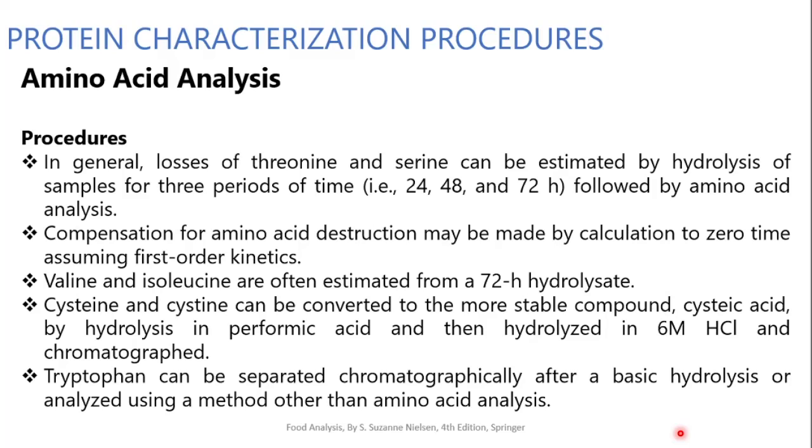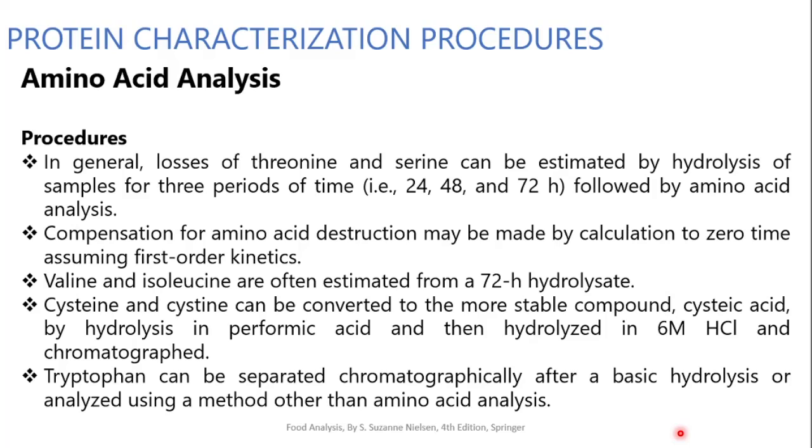So from that hydrolysis study, some amino acids are free at 24 hours, some are free at 48 hours, and some are hydrolyzed up to 72 hours. Valine and isoleucine are examples which are estimated after hydrolysis up to 72 hours.